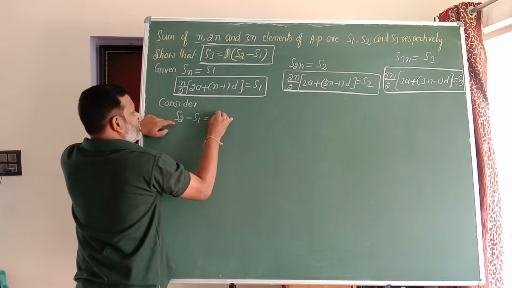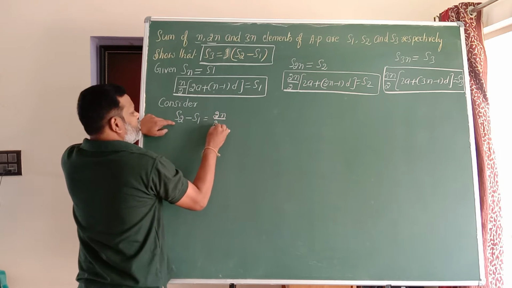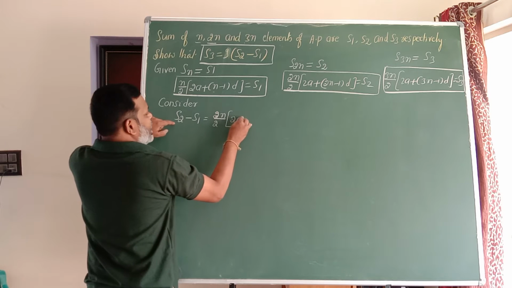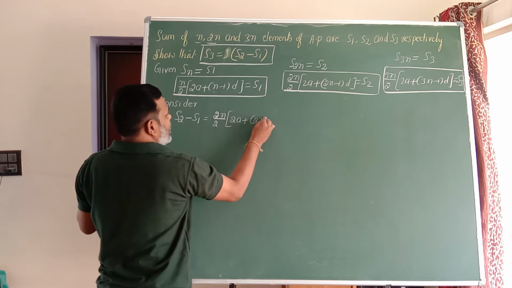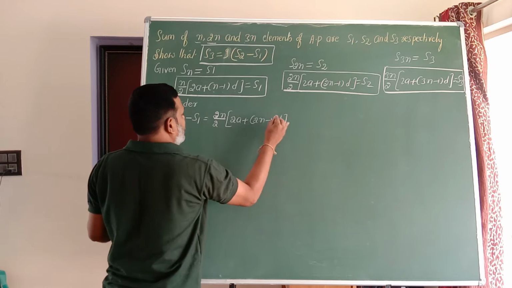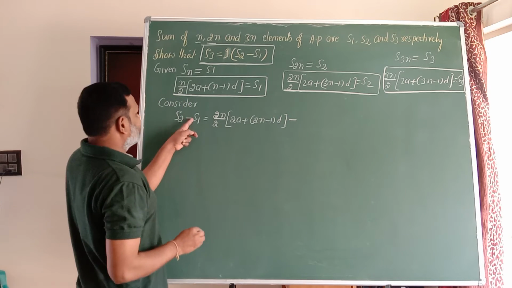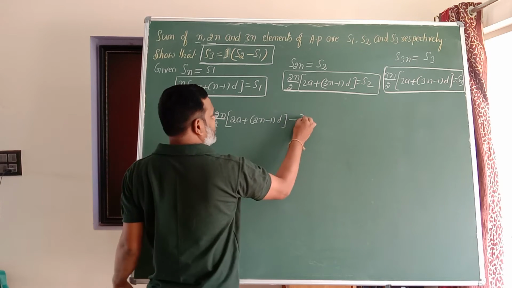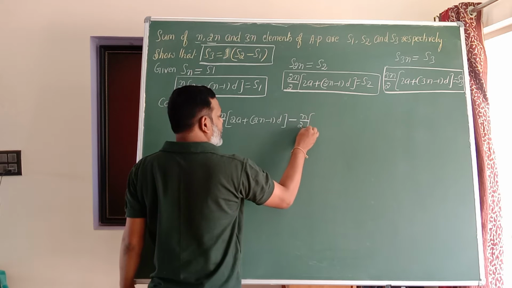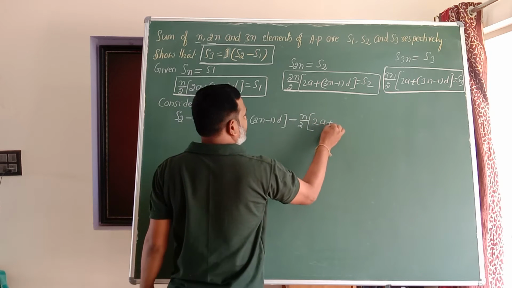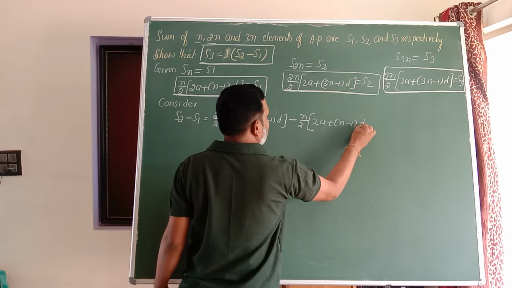S2 is 2n by 2 into 2a plus 2n minus 1 into d, minus S1. S1 is n by 2 times 2a plus n minus 1 into d.